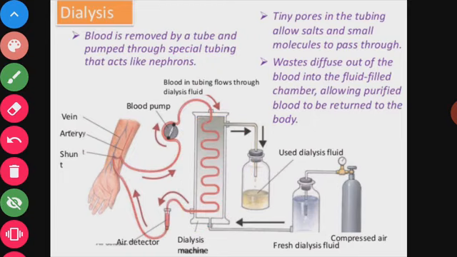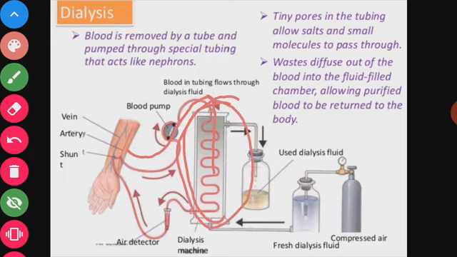As you can see in this diagram, the blood from the body is transported from the arteries into a dialysis machine. In the dialysis machine, there is a semi-permeable membrane.